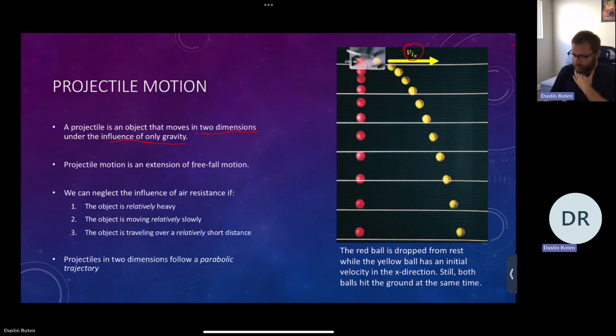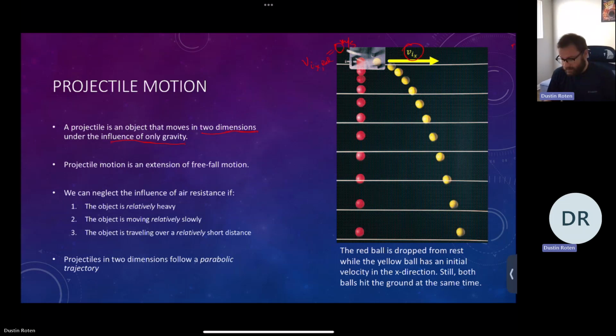So this yellow ball starts heading to the right before it starts falling down vertically, whereas the red ball is just immediately released on the left. So the only difference here is the initial velocity in the x direction of the red ball.